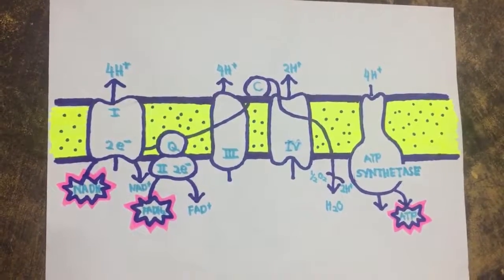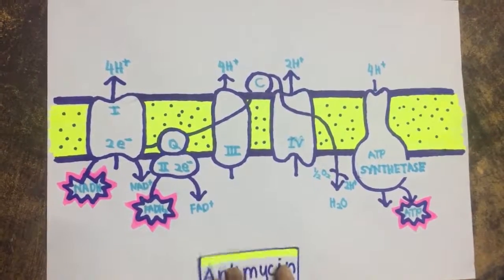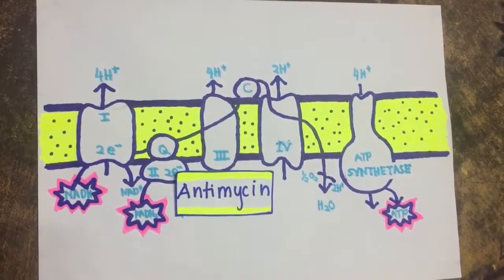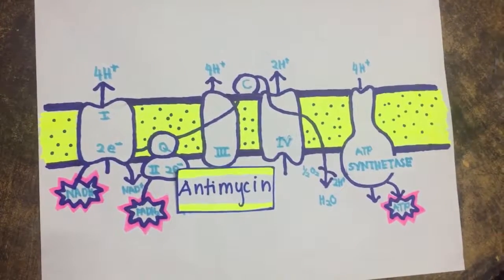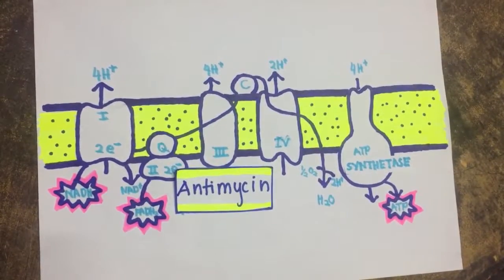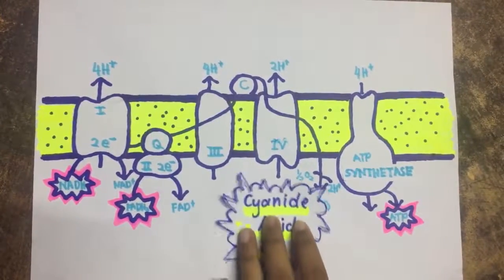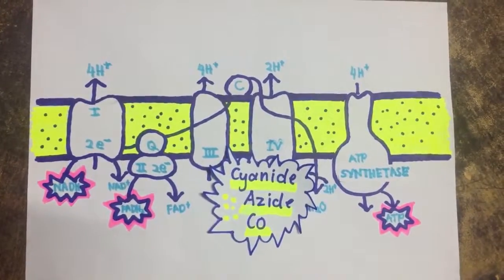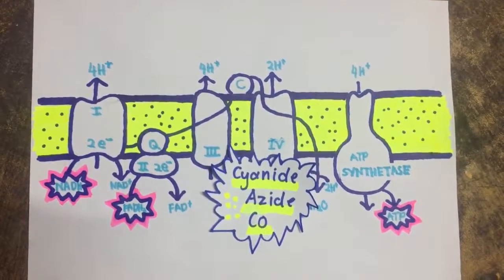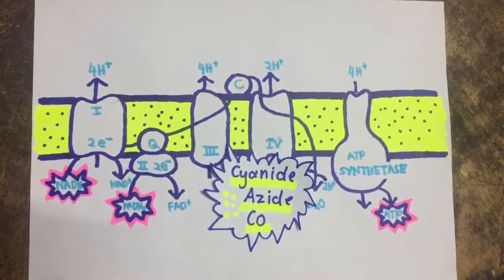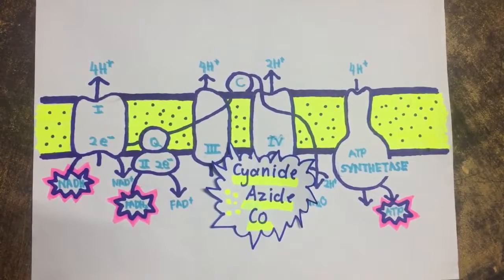Another inhibitor is antimycin, which binds to complex 3. Cytochrome BH in complex 3 cannot be oxidized, thus interfering with the electron flow. Cyanide, azide, and carbon monoxide are inhibitors that bind to complex 4. Cyanide will bind to the Fe3+ ion, which is an electron transporter in complex 4.